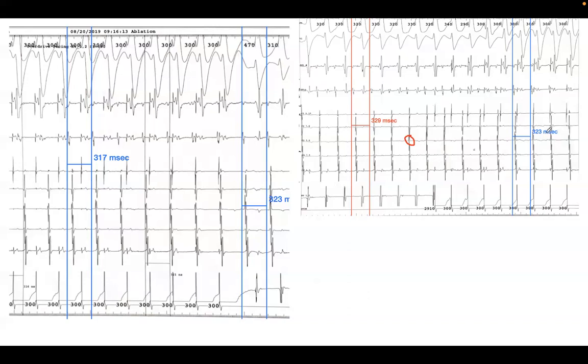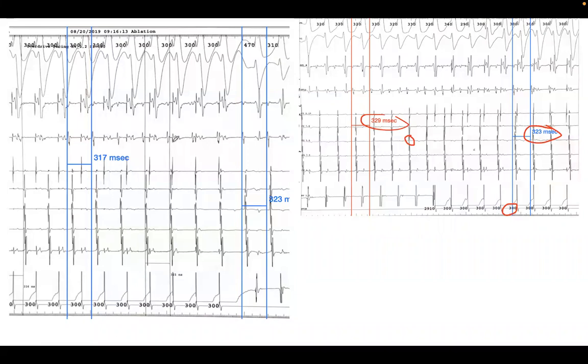We V-paced at 300 milliseconds, and the tachycardia cycle length remained the same, around 323, 324 milliseconds. This supports atrial tachycardia because there's no VA conduction, and the tachycardia keeps going. It's a little bit complex, but I just wanted to show you an example of VA dissociation.